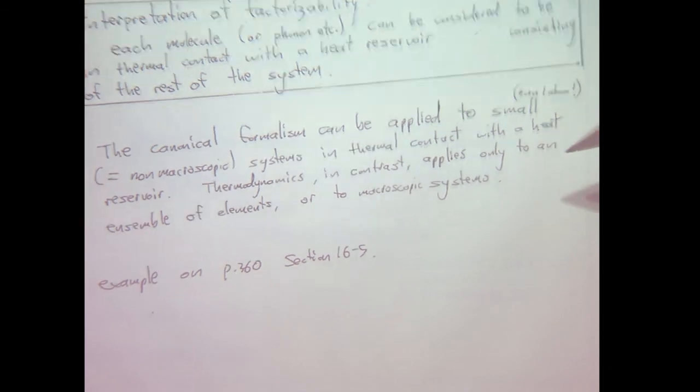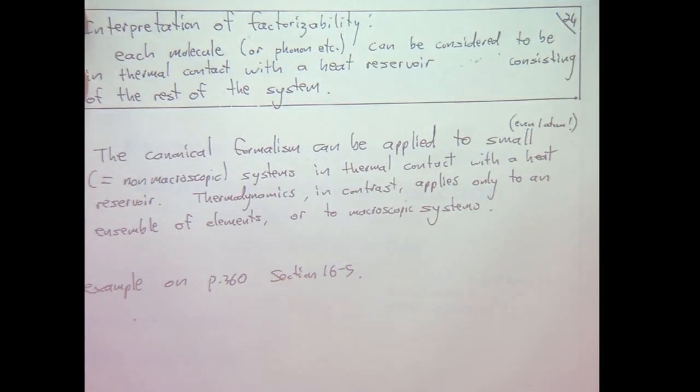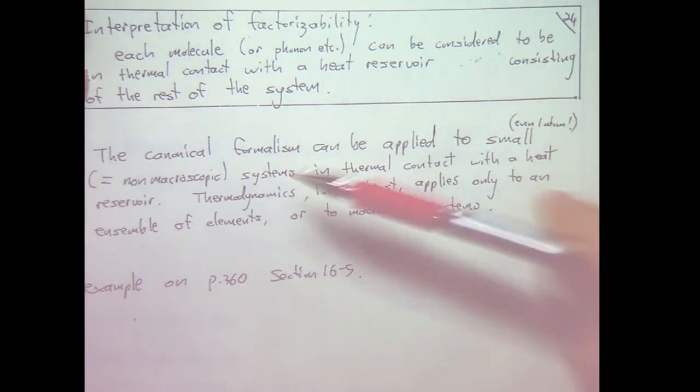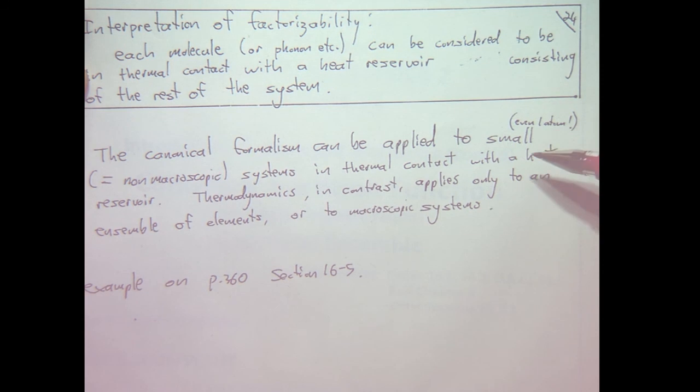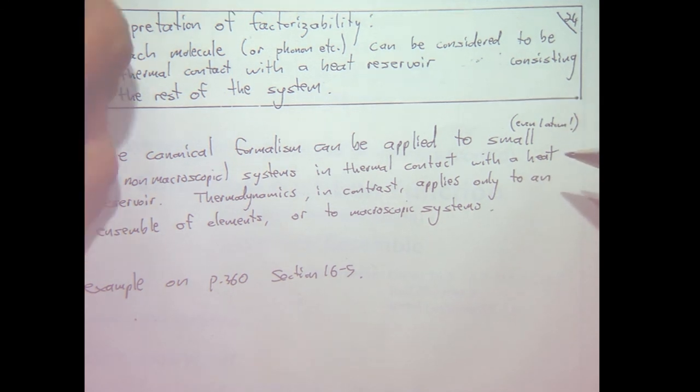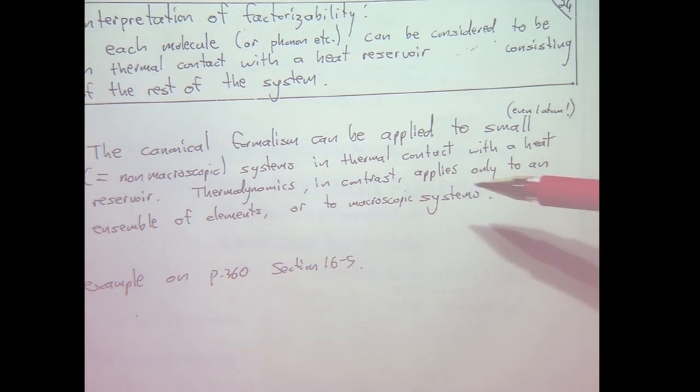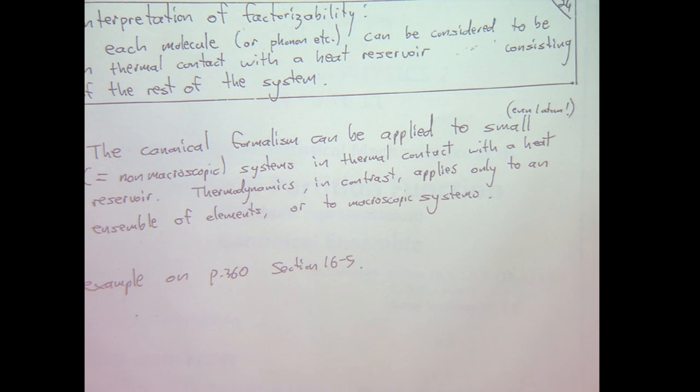And what this is saying is that statistical mechanics in the canonical formalism can be applied to single molecules, whereas thermodynamics, in contrast, applies only to a large number of macroscopic systems. So you can do statistical mechanics on single particles.